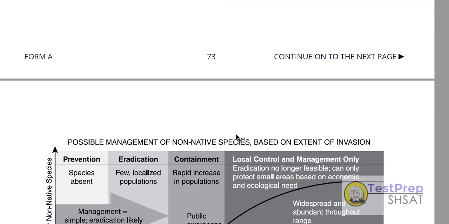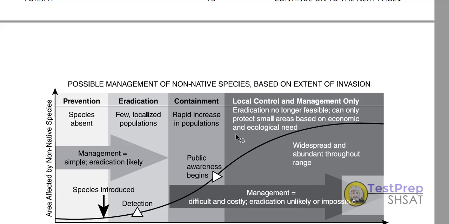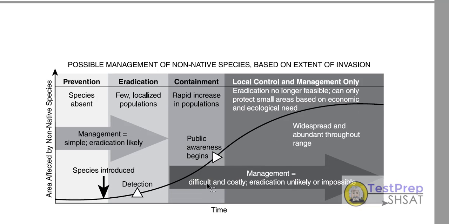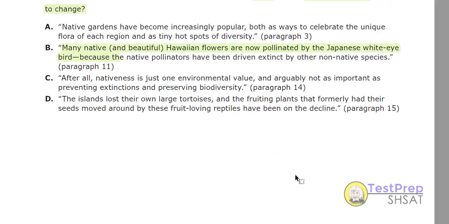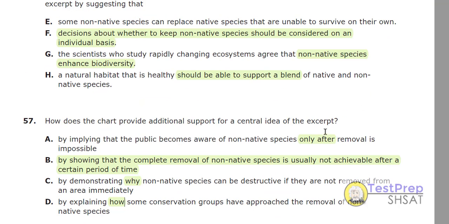Let's go up and confirm that again. Management, eradication, unlikely or impossible. So only impossible is not correct, right? It never says impossible, it says unlikely or impossible. So yeah, A is definitely incorrect. B is the right answer for 57.